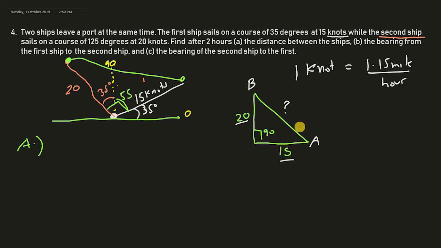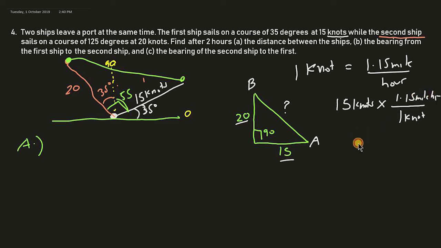To find that, we use our conversion unit. 15 knots, let's convert that into this value. Let's multiply: 1 knot is equal to 1.15 miles per hour.